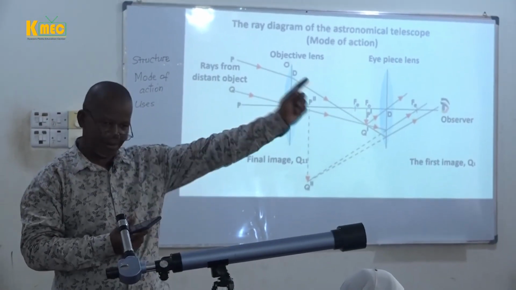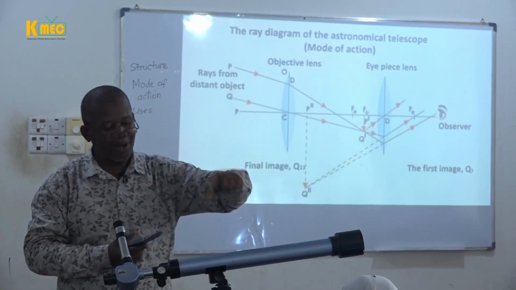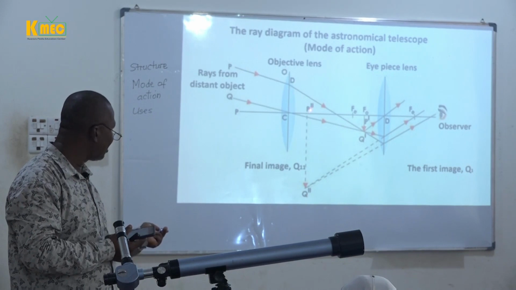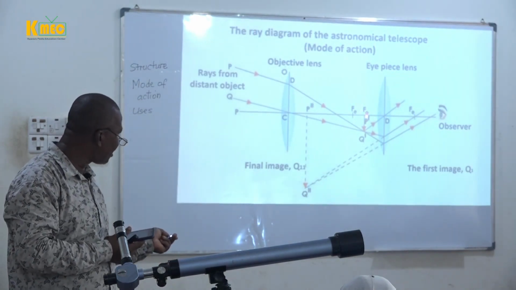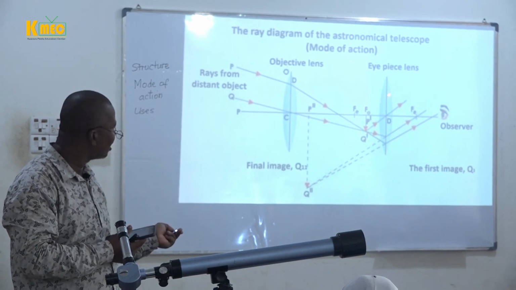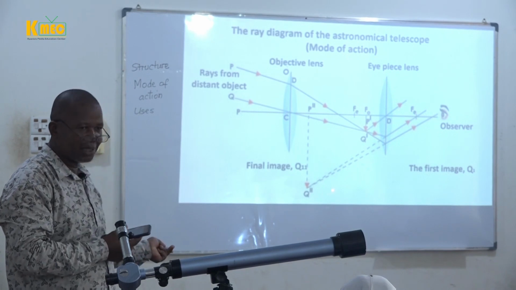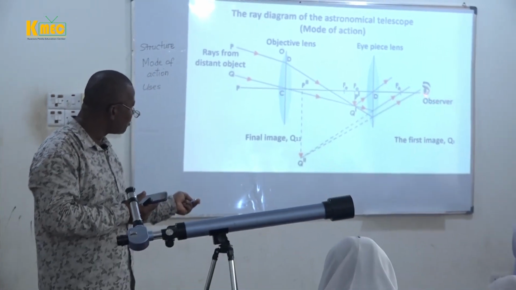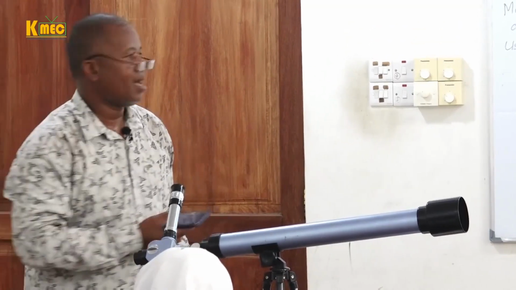So even the star, which is the distant object, is found a distance apart from our instrument, but we can see the final image formed, right? If you compare the size of the first image, which is the object for the eyepiece lens, with the final image, this final image will be observed by the observer through the eye lens.